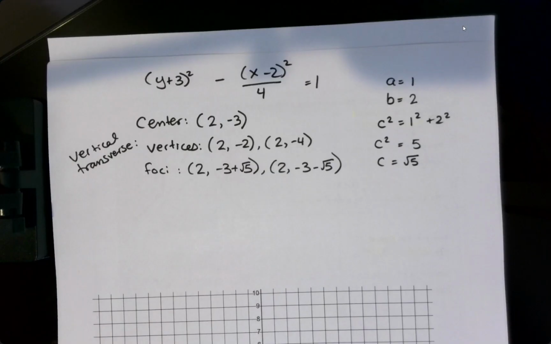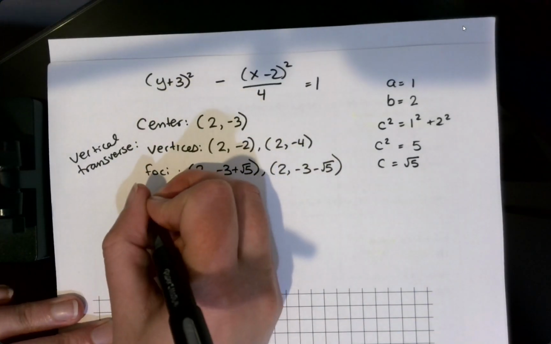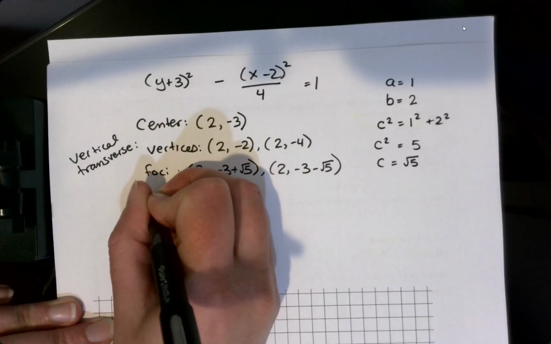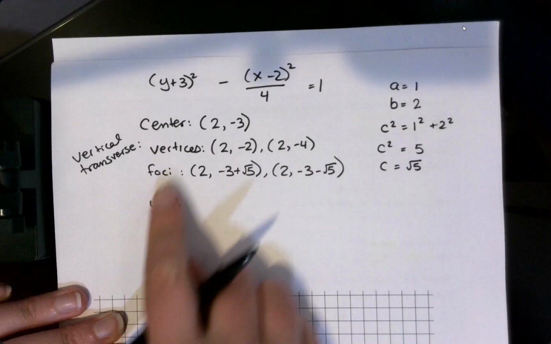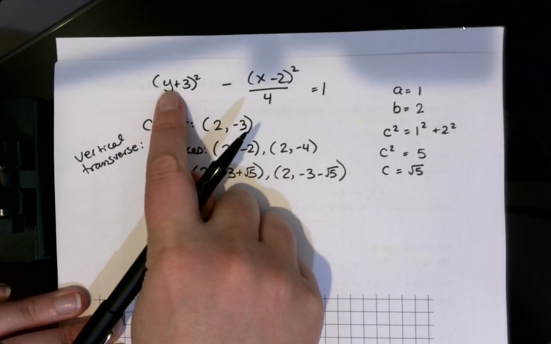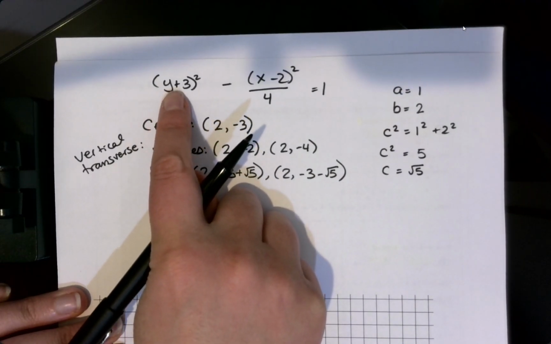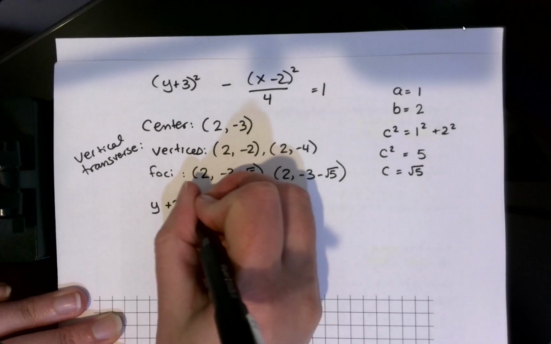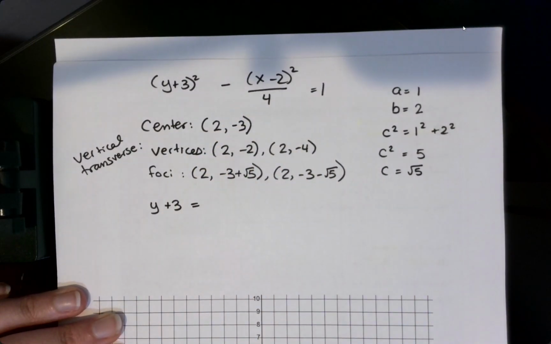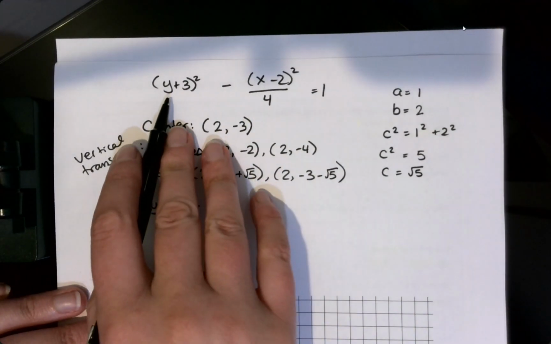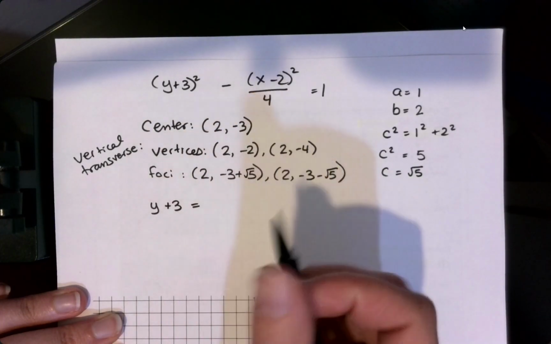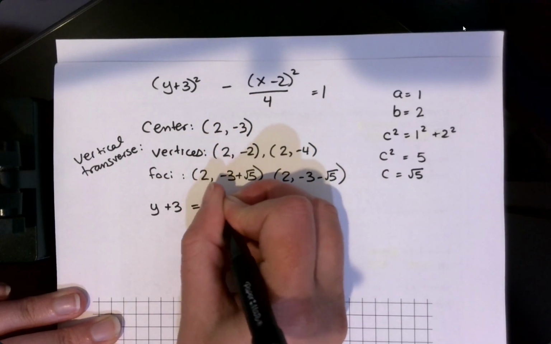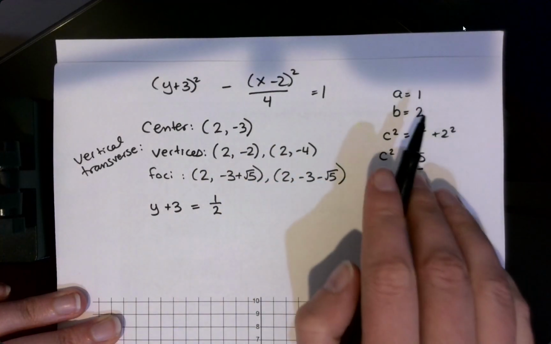Okay, I need my asymptotes next. So we'll have y plus 3 from the shift that happened in the vertical direction, y plus 3 equals slope. Remember, that's the number underneath y for rise, number underneath x for run, so 1/2 in this case.